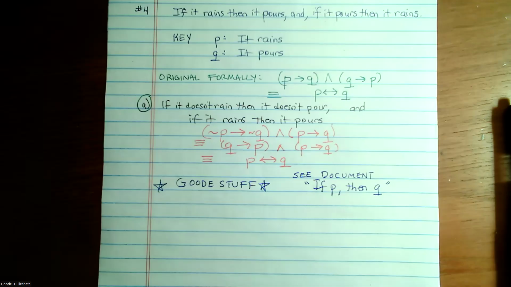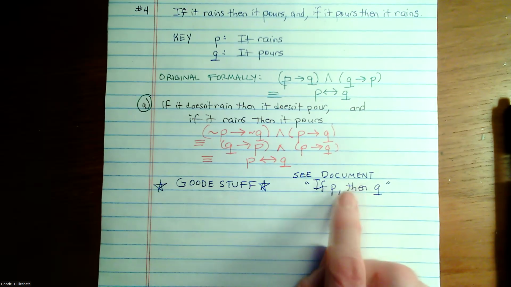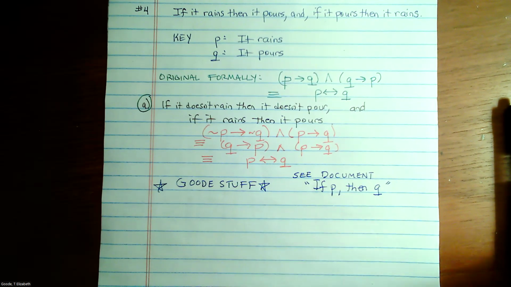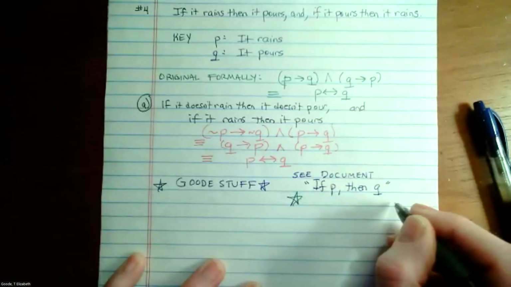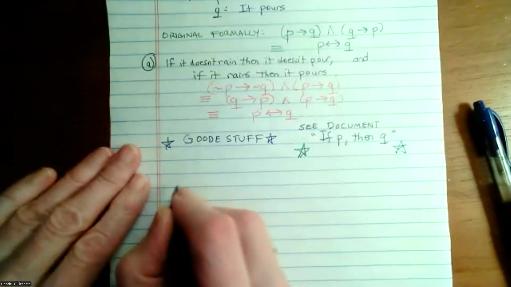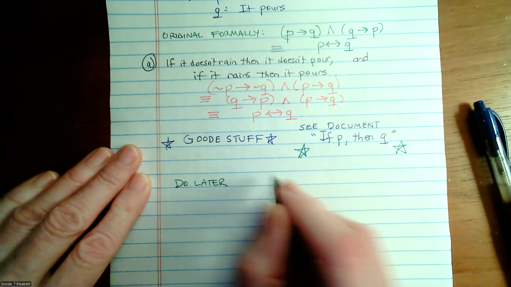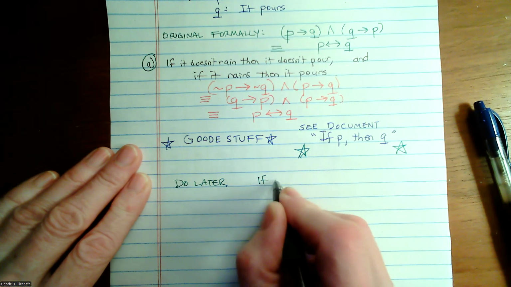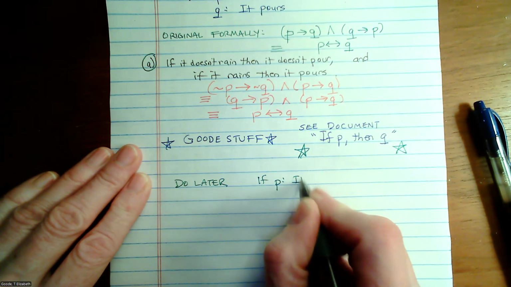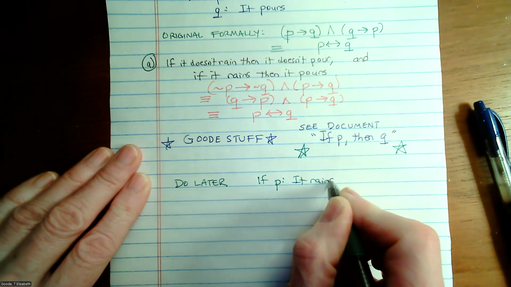Do you have any other questions? Definitely check out this document, if P then Q, okay? Really check it out. And then here's a do later. I'll just give you a couple more statements.